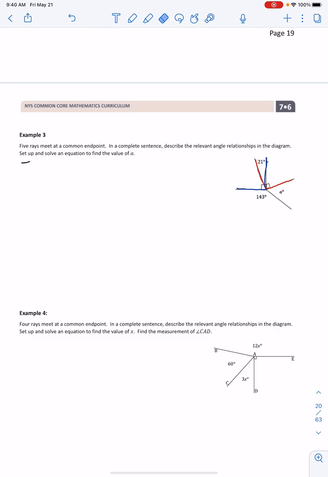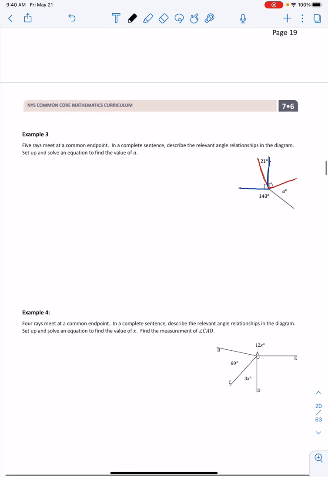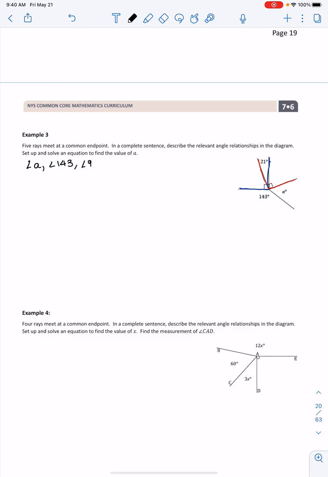So we have angle A, angle 143 degrees. We have our right angle, angle 90 degrees. And we have an angle of 90 minus 21.